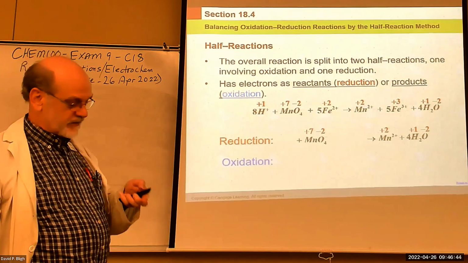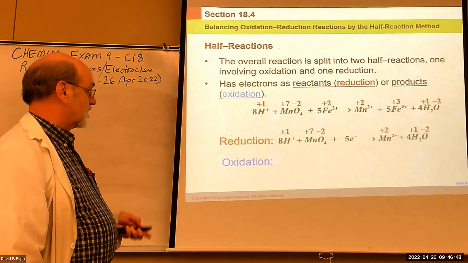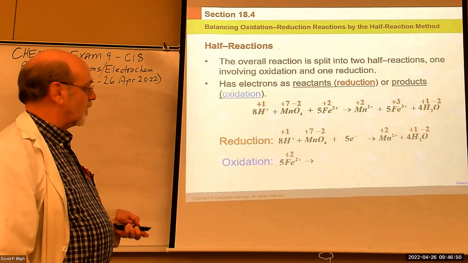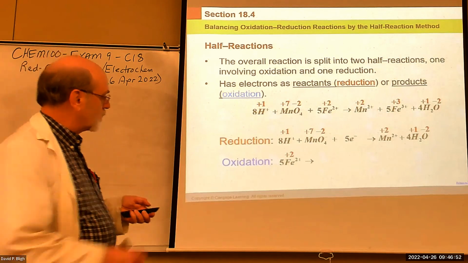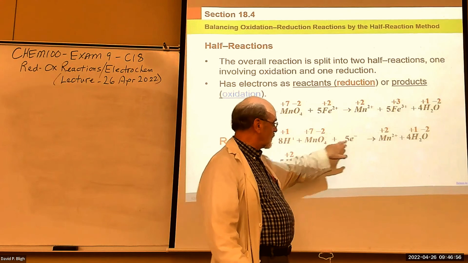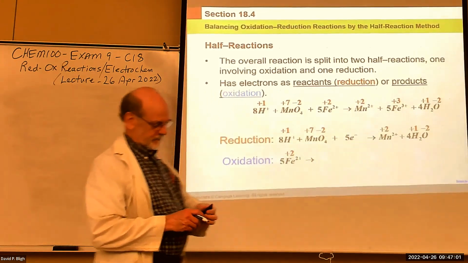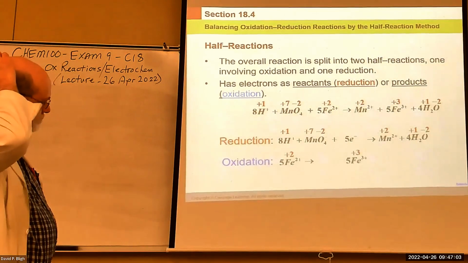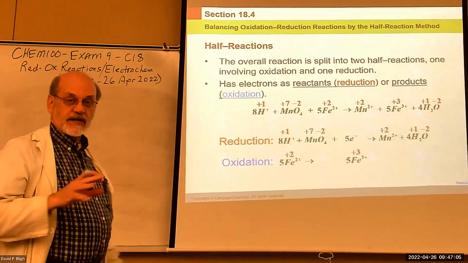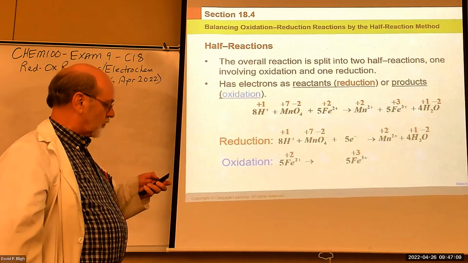There has to be oxygen on that side. And now we have hydrogens. We have 5 electrons. That accounts for the reduction. And notice the reduction, the electrons go on this side because they're going to be added into this manganese to make that manganese. And this one, the oxidation players are iron 2+ going to iron 3+.